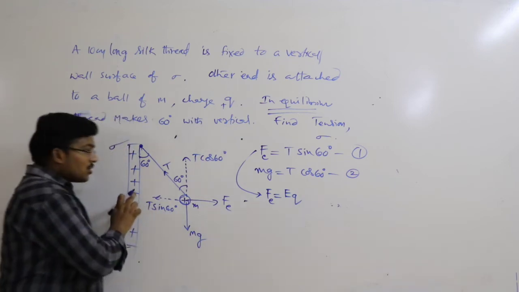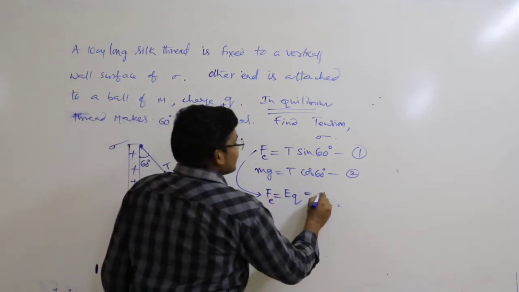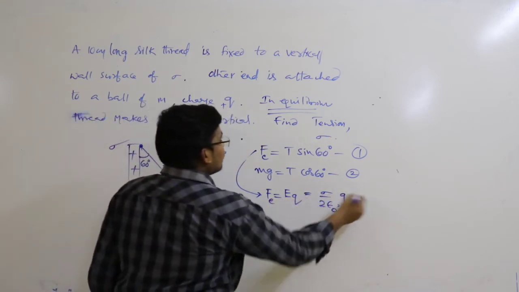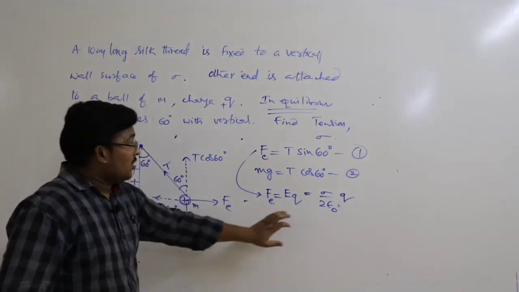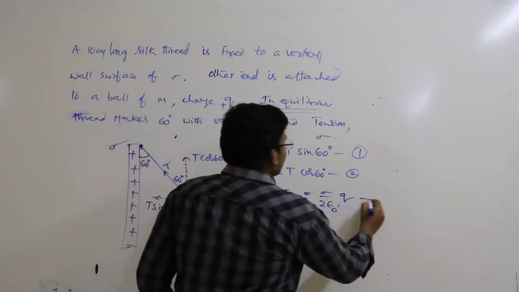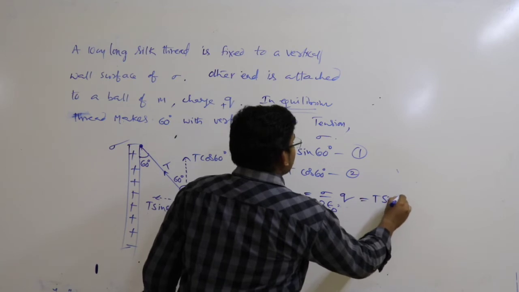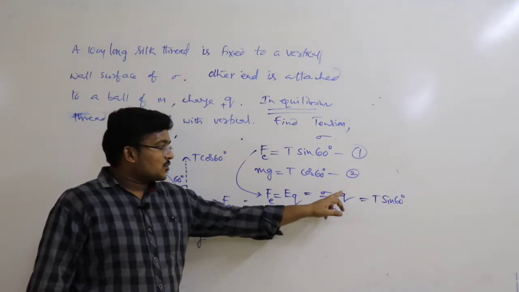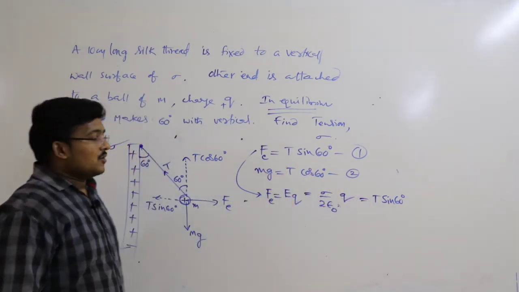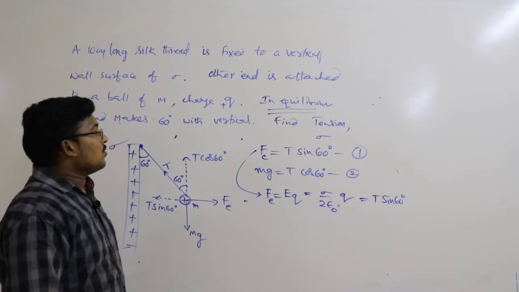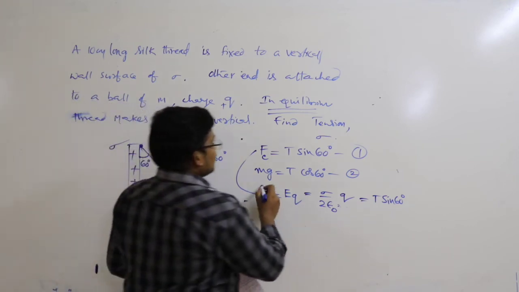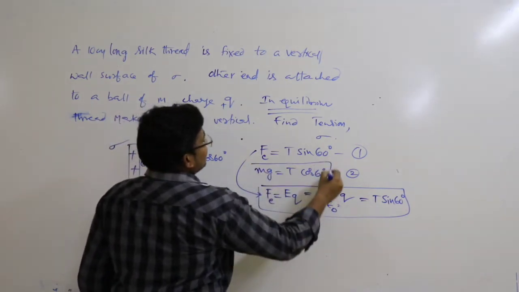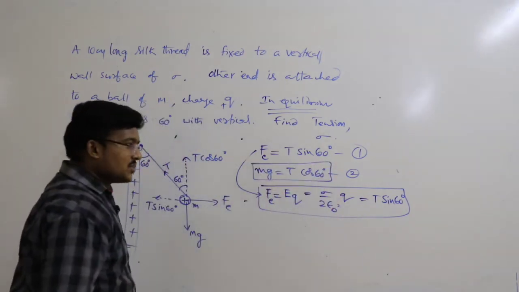For a non-conducting sheet, the electric field is sigma by 2 epsilon naught, and the charge is Q. This force Fe is equal to T sin 60 degrees. Here they will give you the sigma and Q values, so that you will get T. So in this equation we got T sin 60, in this equation we got T cos 60.